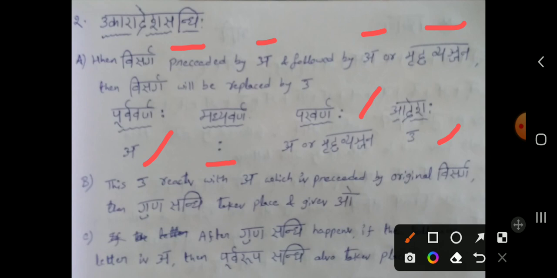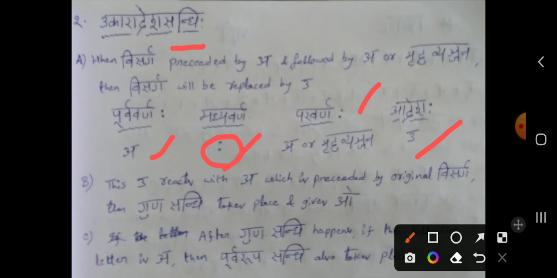That is, here Madhya Varna will be replaced by the letter U. I repeat the definition: when Visarga is preceded by the letter A and followed by A or Mridu Vyanjana, then this Visarga, this Madhya Varna, will be replaced by the letter U. That is the Ukaradesha Sandhi.